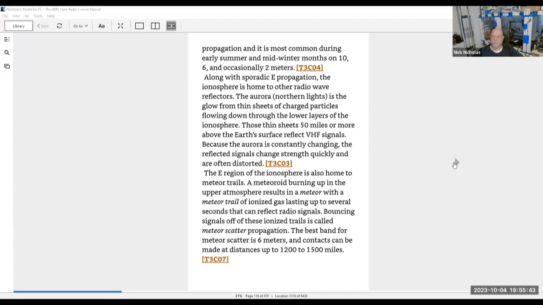It's usually, as described in your book, about 1,000, 1,500 miles. 6 meters works out really, really well for meteor scatter. So does 2 meters, 144 megahertz being 2 meters, and 50 megahertz being roughly 6 meters.